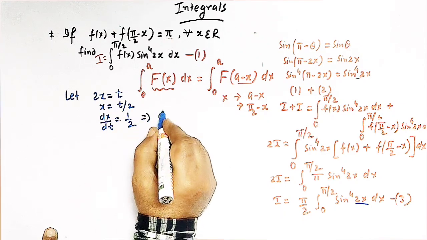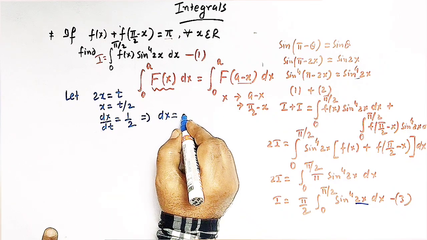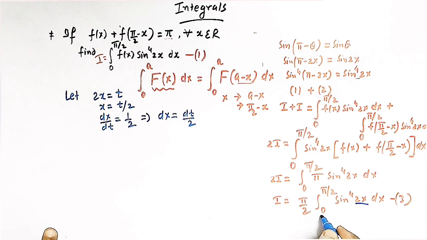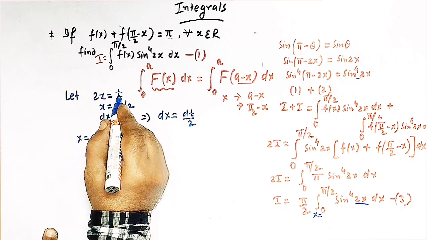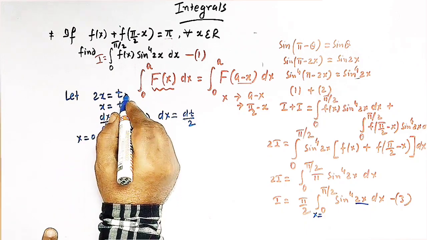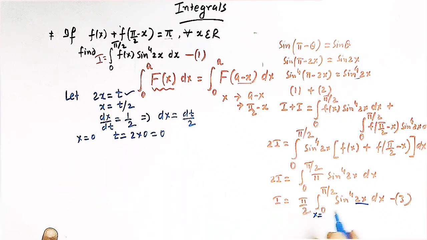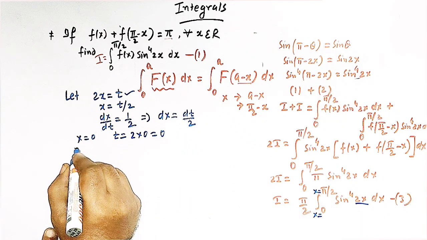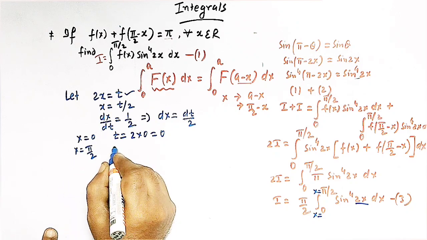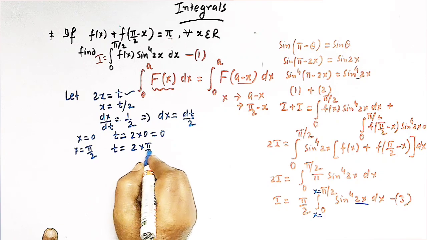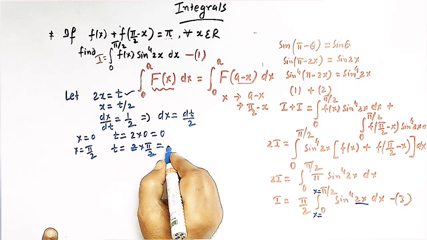So now from here dx is equal to dt over 2, right? Okay, now the limits of integration vary from 0 to pi by 2. So when x is equal to 0, then the value of t can be obtained from this relation. So we have 2 times 0, that is 0. And when x is equal to pi by 2, then the value of t is given by 2 times pi over 2, and this is equal to pi.